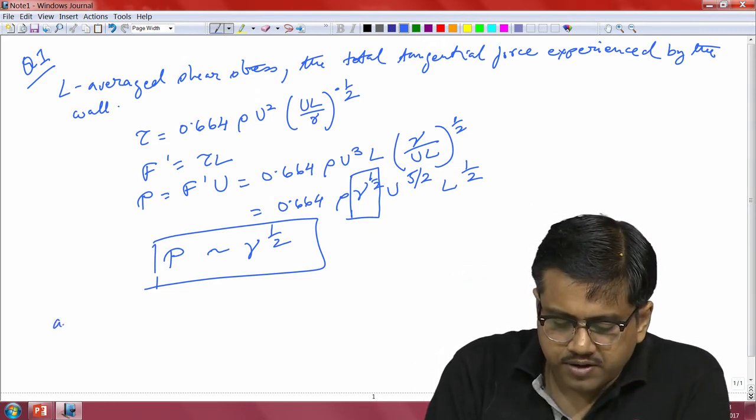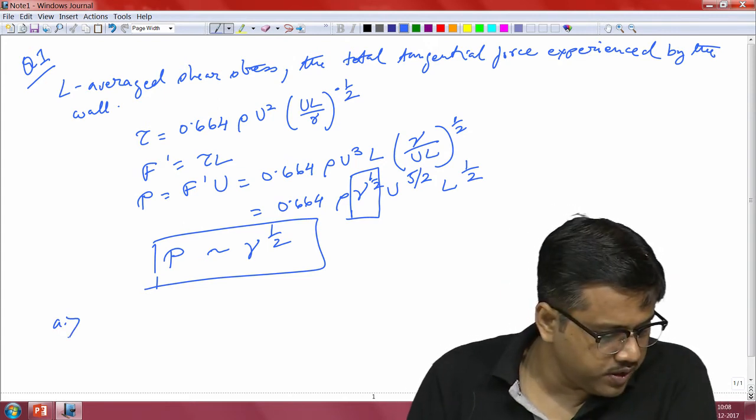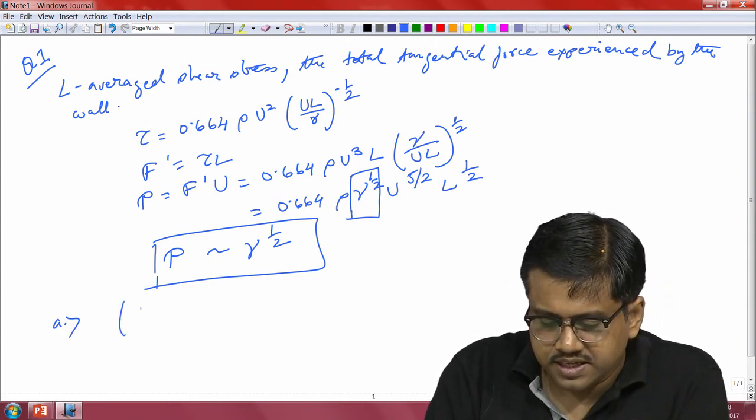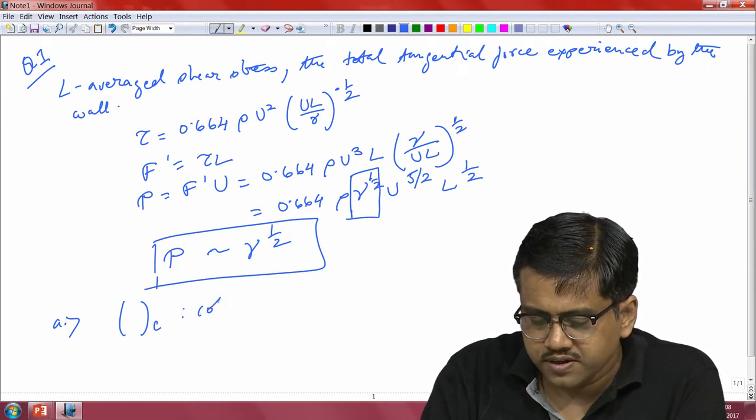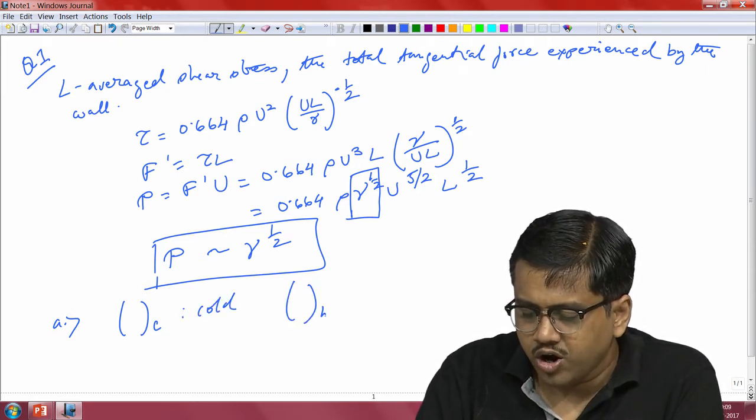We know that it depends on the square root of the kinematic viscosity. Now, the next part of the problem, which is the key thing that we want to find out: let us say that this represents cold and this represents hot.